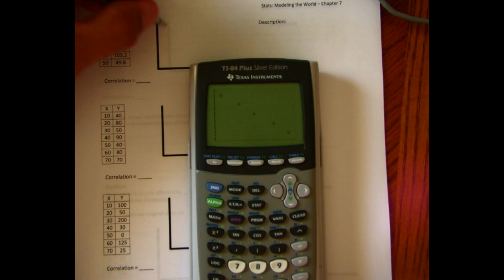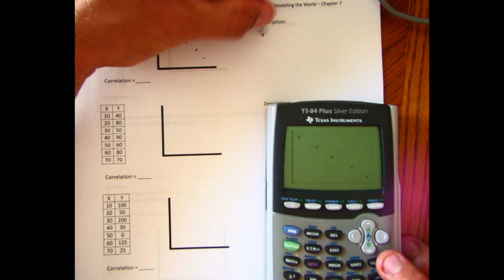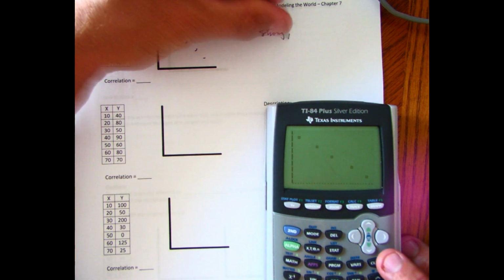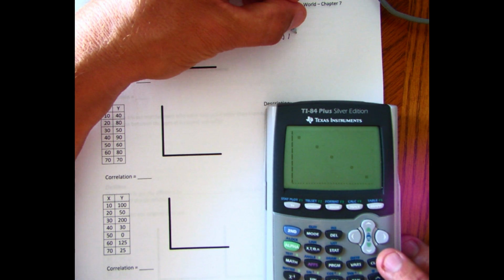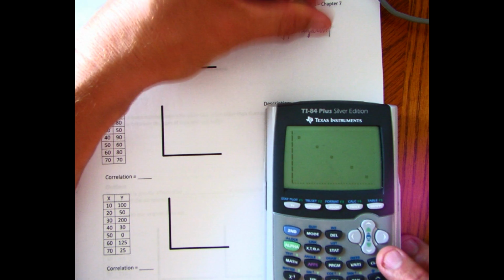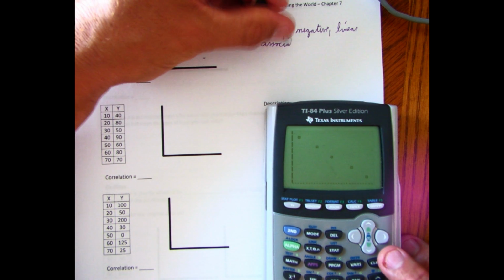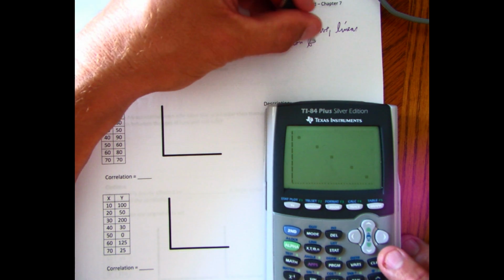So what happens? We get that right there. Description. We have strong, direction, negative, form, linear, association between X and Y.